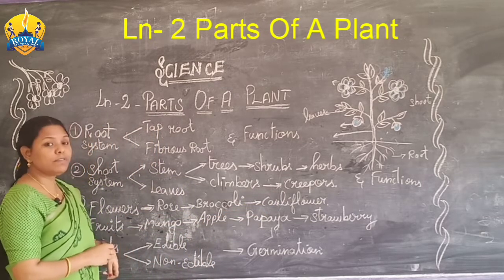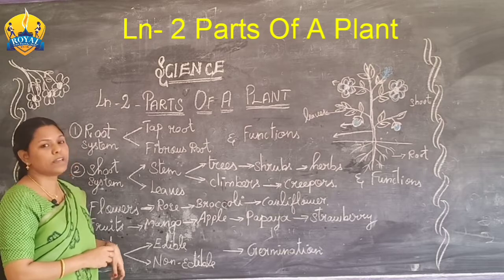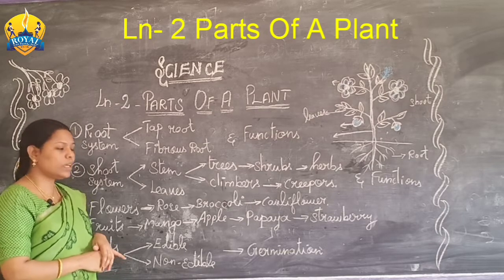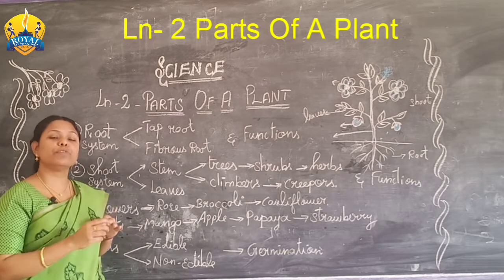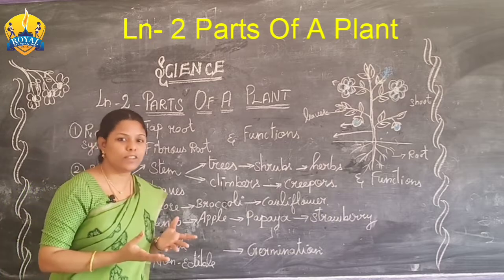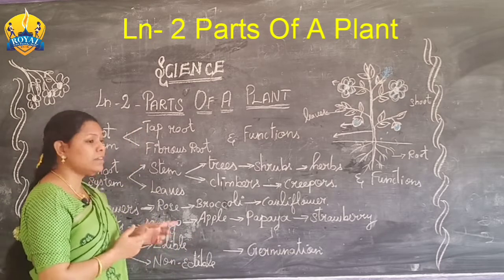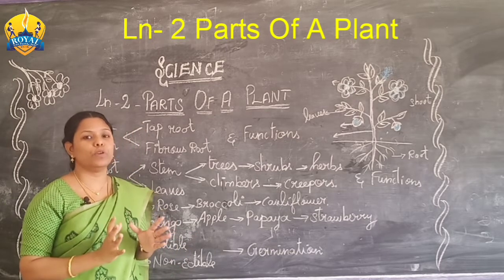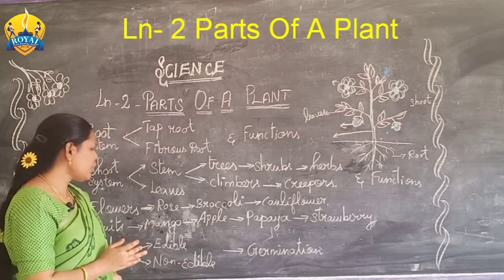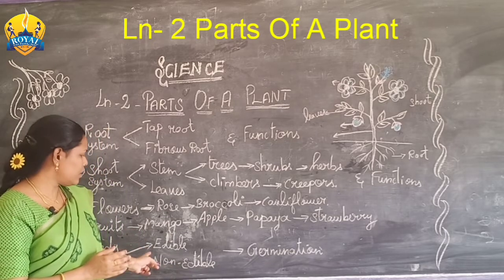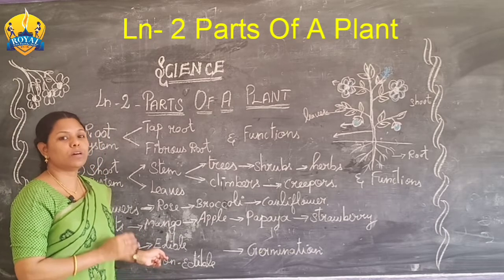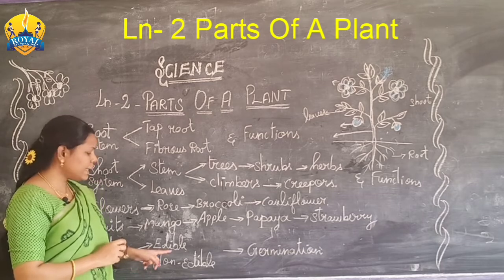After that, we are going to learn about the last part, seeds. Inside the fruits only we will see the seeds. The seeds often grow into a new plant. There are many types of seeds, but now we are going to learn about only two types: edible and non-edible.